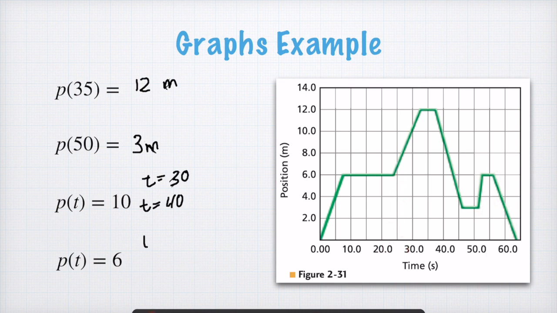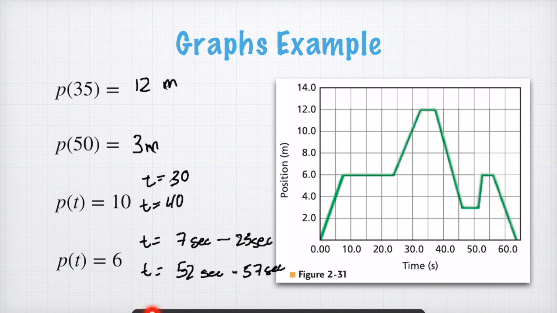So from t equal to 7 seconds to 25 seconds, and there's another one because we have to keep going across at position 6. We notice it's about 52 seconds, some weird number, to about 57 seconds. So when t is equal to 52 seconds to 57 seconds.